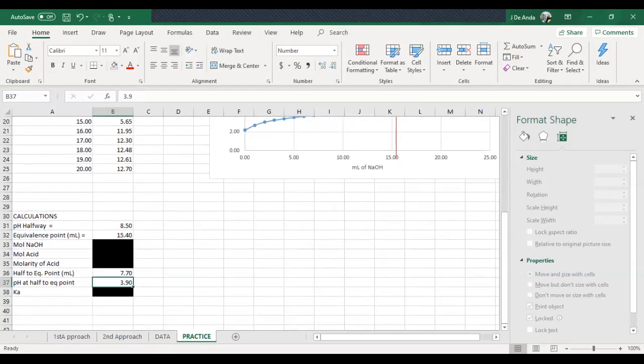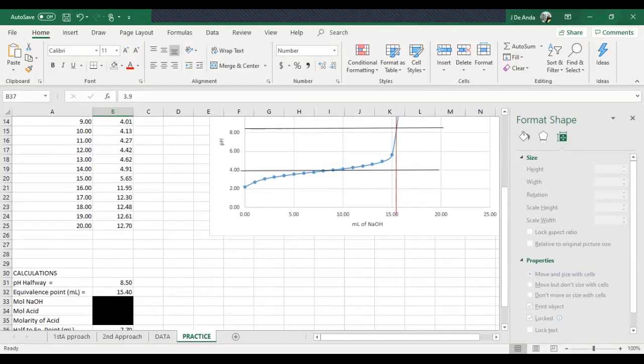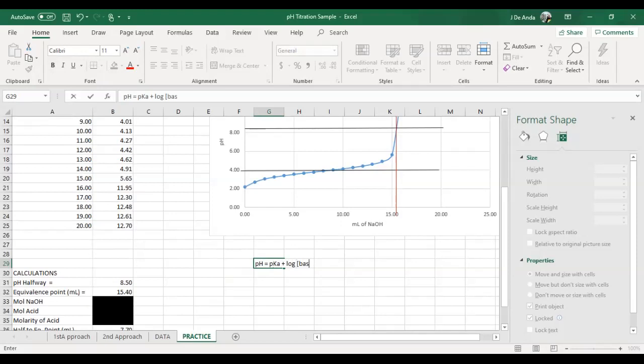Now, why is that significant? Remember, at the equivalence point, all of the acid is neutralized. Halfway there, half of the acid is neutralized, which means you have half acid, half base. So according to the Henderson-Hasselbalch equation, the pH equals the pKa plus the log of the molarity of the base divided by the molarity of the acid.